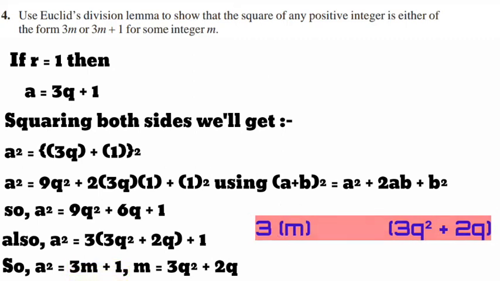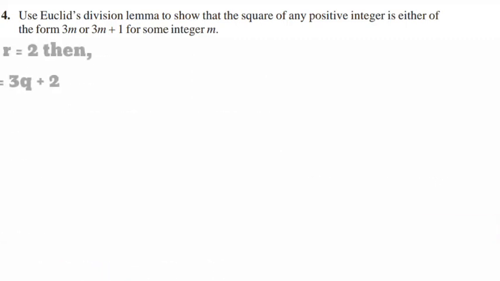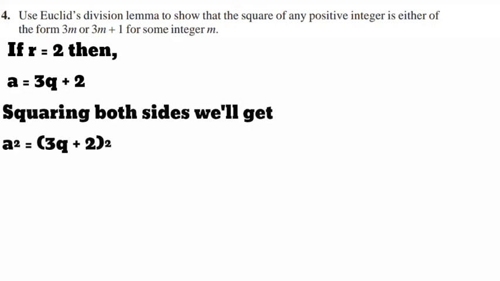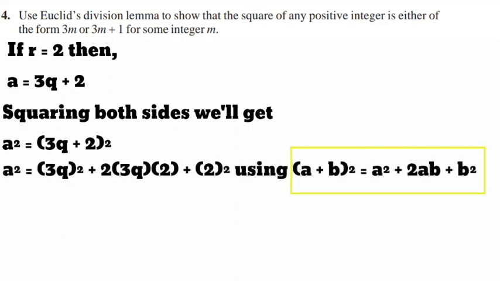Now if r is equal to 2, then a is equal to 3q plus 2. Square both sides. a squared will be equal to 3q plus 2 the whole square. By using the identity for the square of a sum, a square is equal to 9q square plus 2 into 3q into 2 plus 2 square.